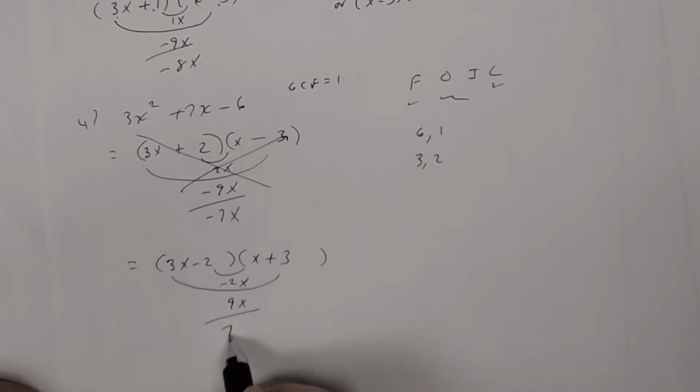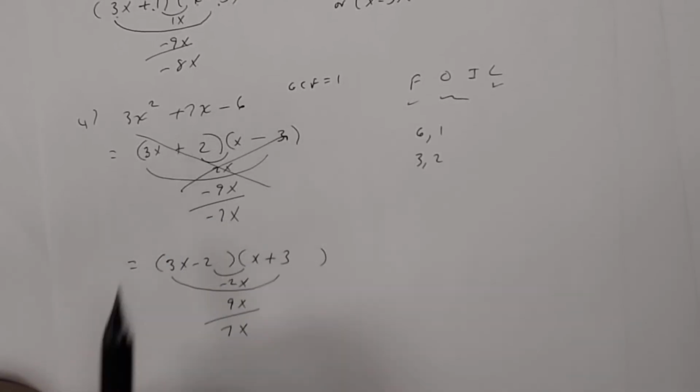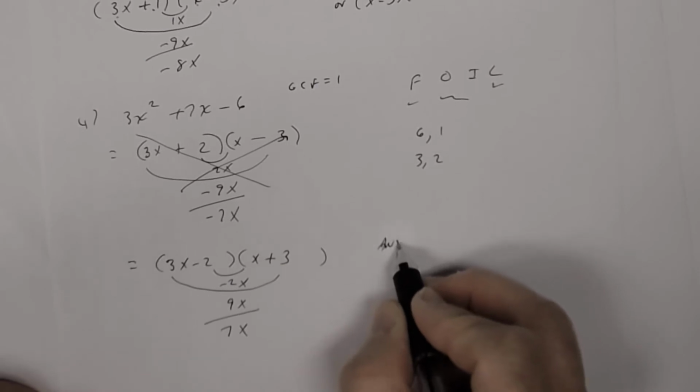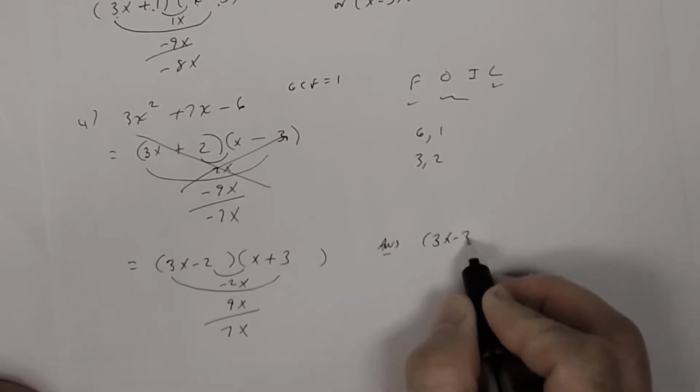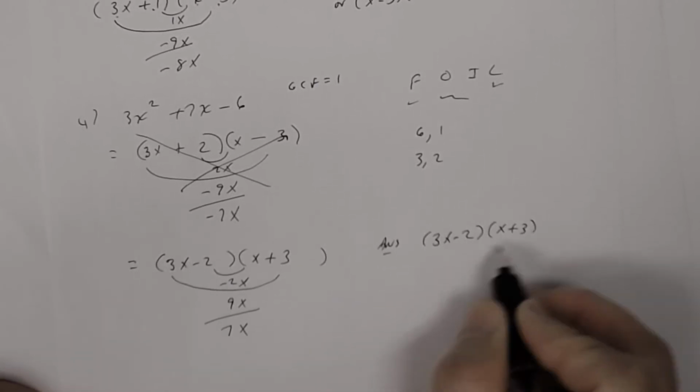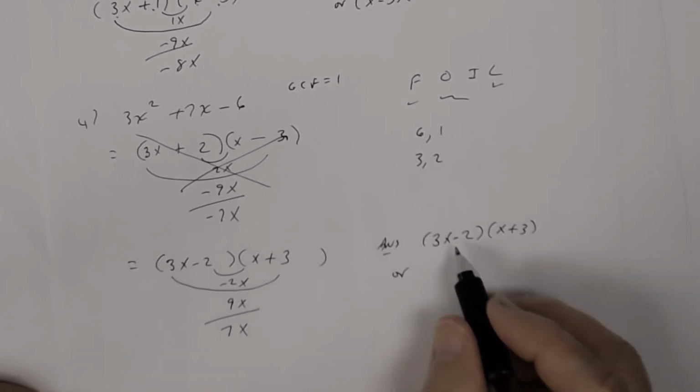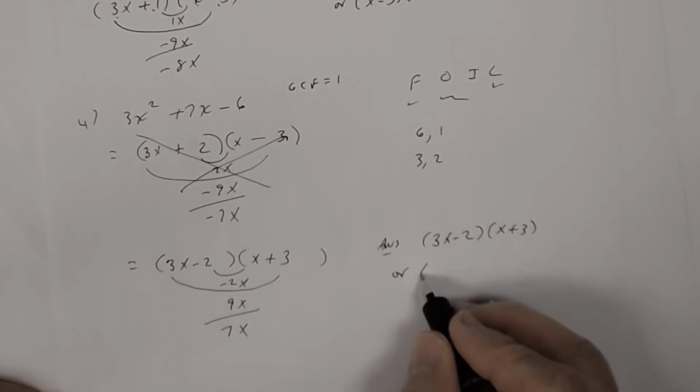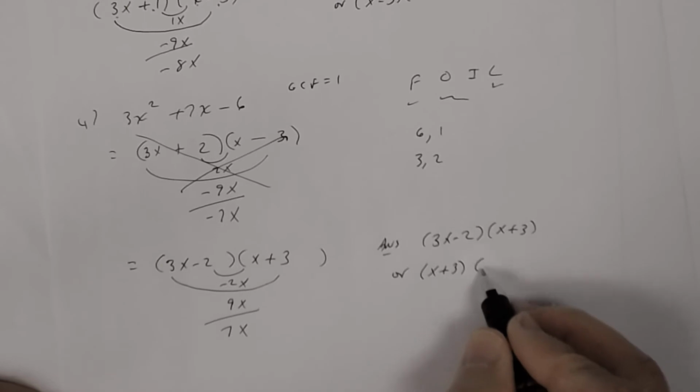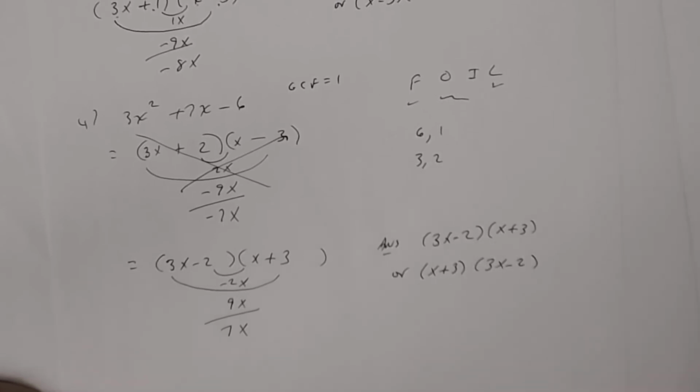When I add them up, I get 7x, which is what you wanted. So the answer is 3x minus 2 times x plus 3. Or again, multiplication is commutative, so your factors could also be x plus 3 times 3x minus 2. So notice the thought process as you go through.